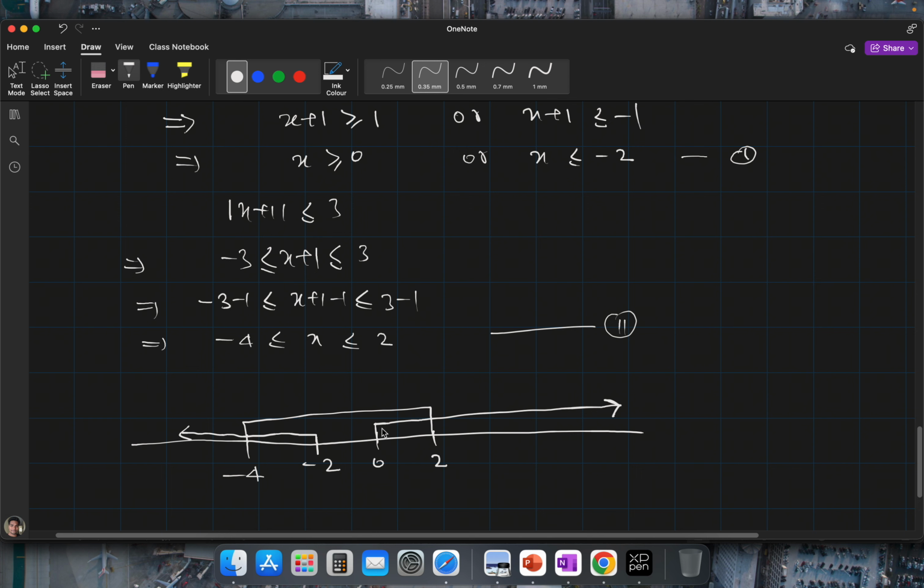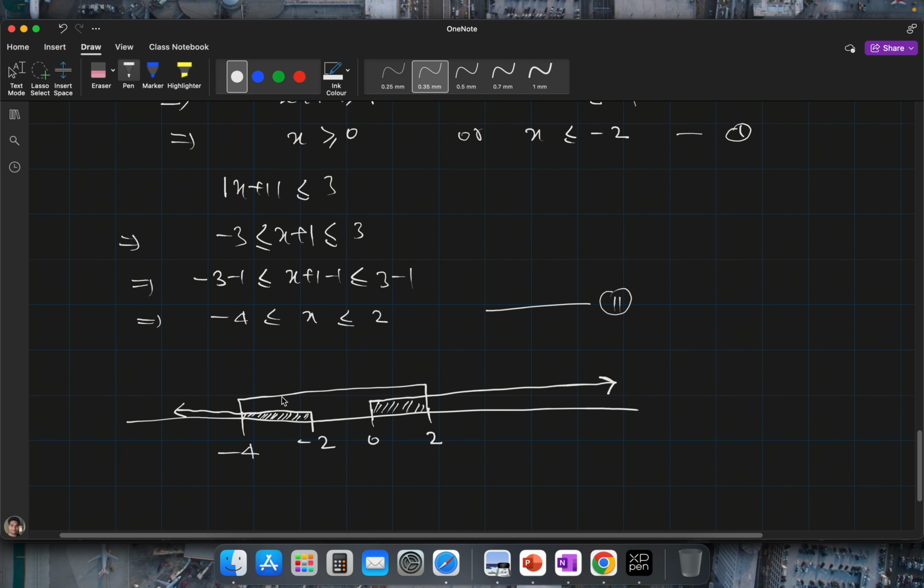You can see that the intersection of these three will be this set. Are you able to see? This is saying it should be greater than 0. This is saying it should be less than minus 2. And this one is saying between minus 4 and 2. So the solution set will be in between these, such that all these three solution sets are satisfied.